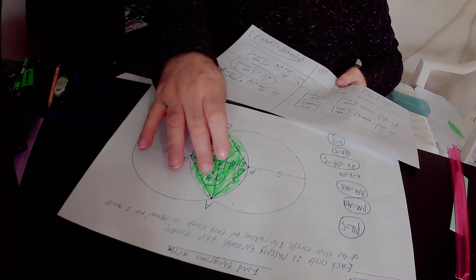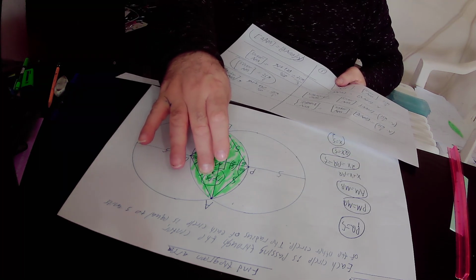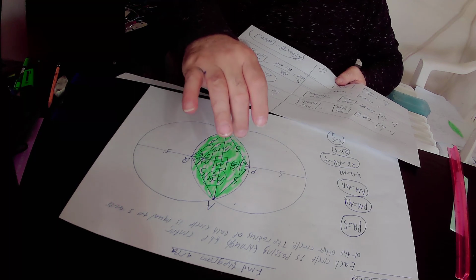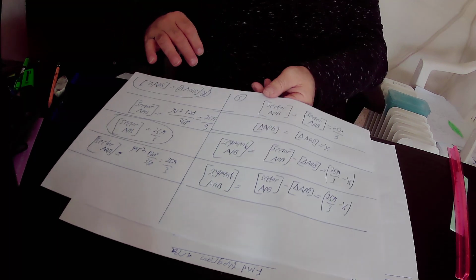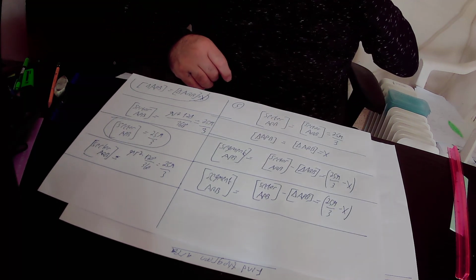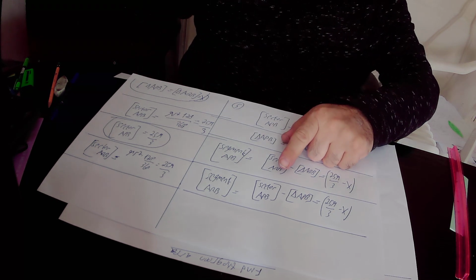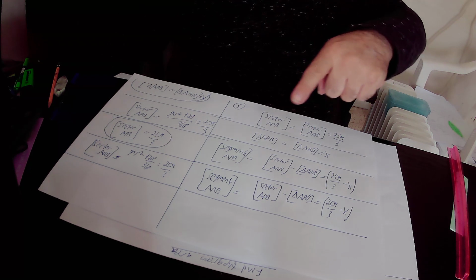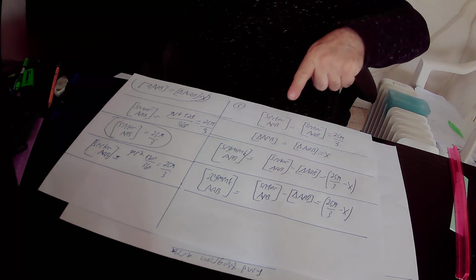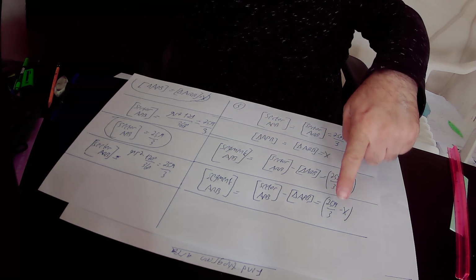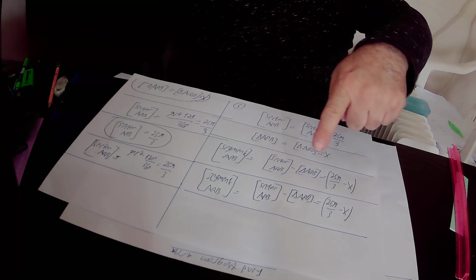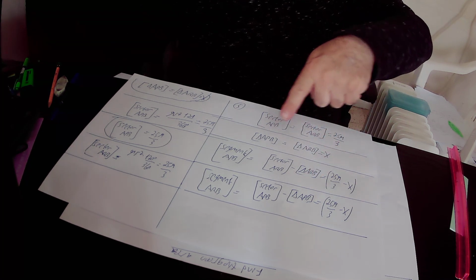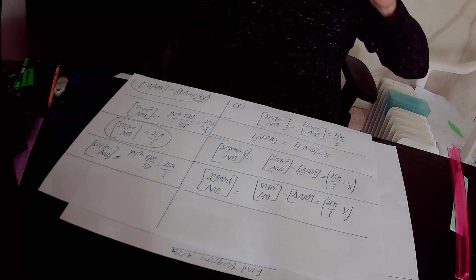And what is the area of segment AQB? The area of segment AQB is equal to the area of sector APB minus the area of triangle APB. The area of sector is 25 pi over 3, and the area of triangle APB equals x.